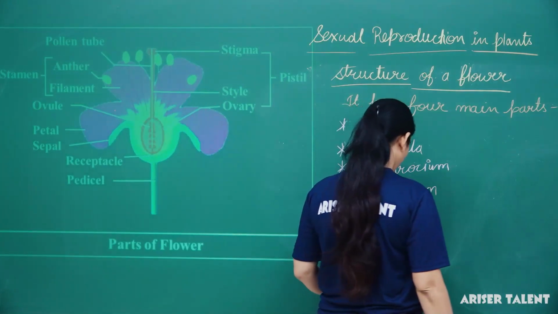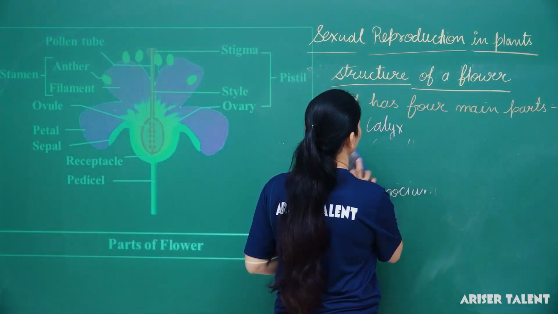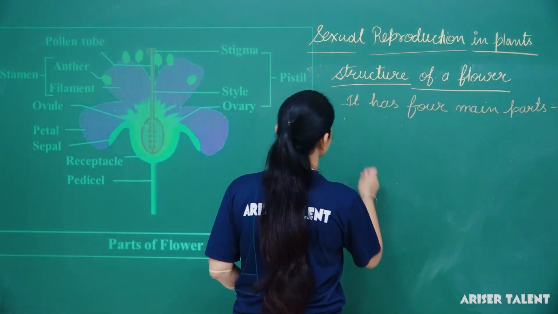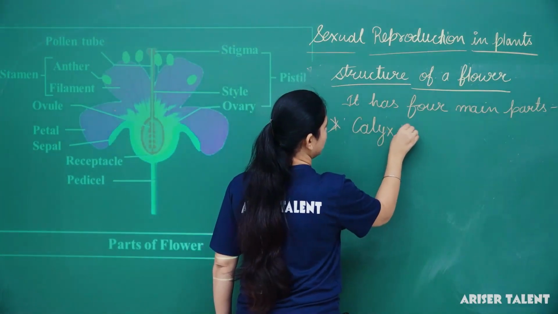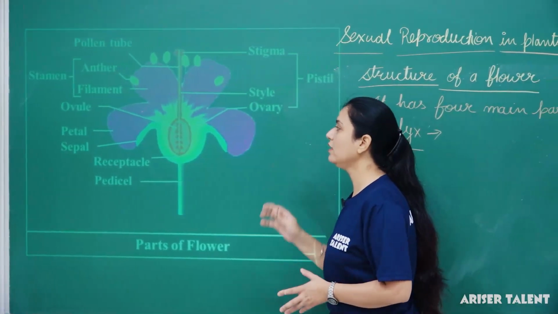Okay. Now we will talk about them in detail. First of all, we will talk about calyx. Number 1 is calyx. Here we can see that the calyx is the first wall of the flower.